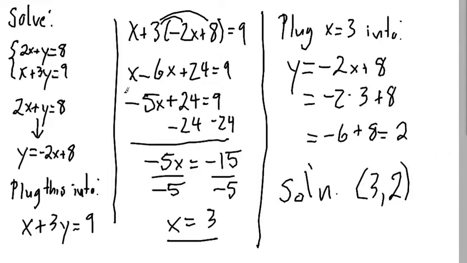Now let me note that I also could have solved for x in this second equation and substituted it into this first equation with just as much ease. The main thing is we want to choose a variable that is easy to solve for, and substitute into the other equation. So let's now look at an example where we solve for x.